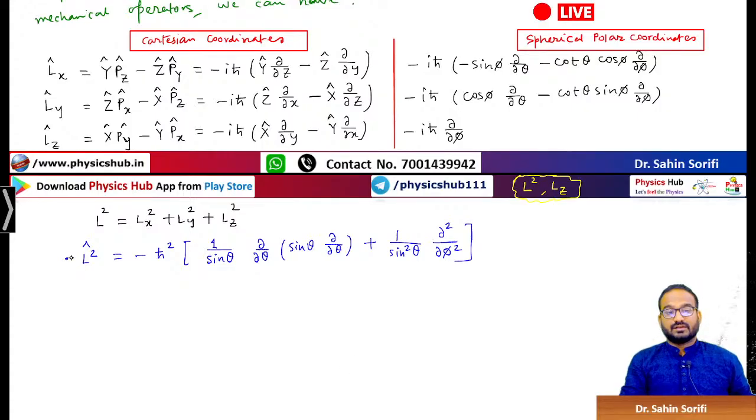So the quantum mechanical operator expression for L square is given by minus h cut square times 1 by sin theta del by del theta of sin theta del by del theta, plus 1 by sin square theta del square by del phi square. Now we have different components of the angular momentum, Lx, Ly, Lz. So we will also have some commutation relations between them. So let us write some commutation relations.